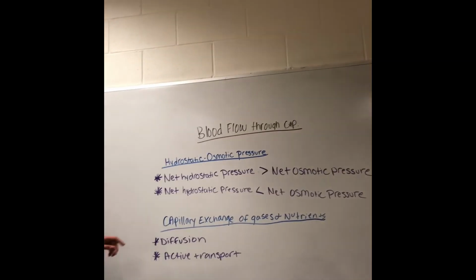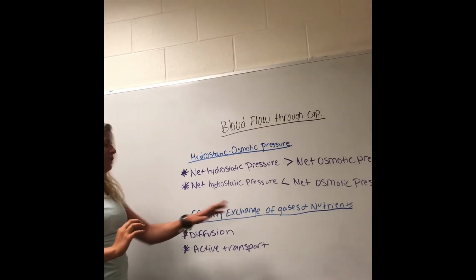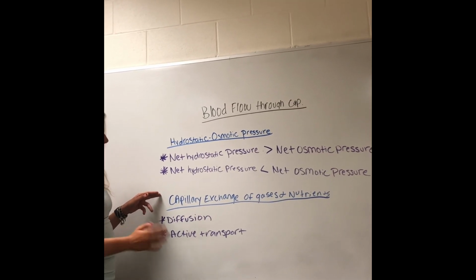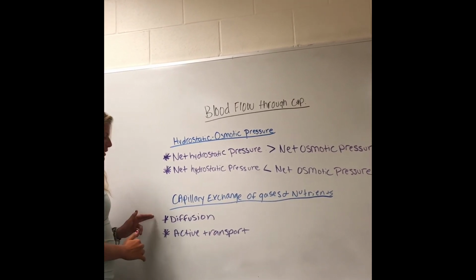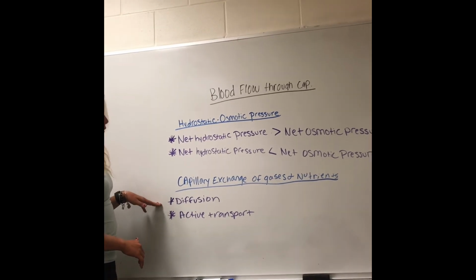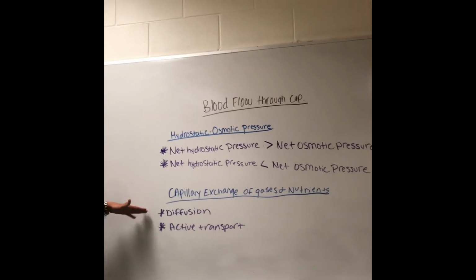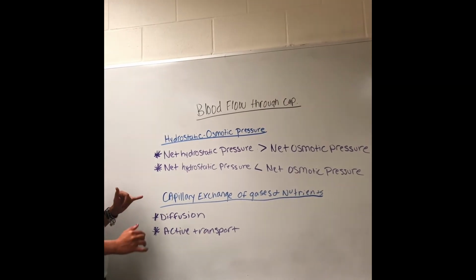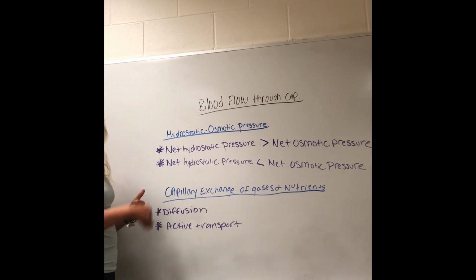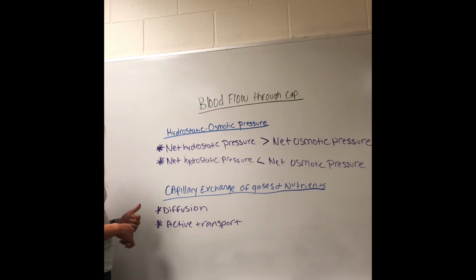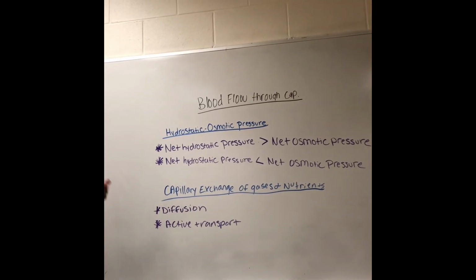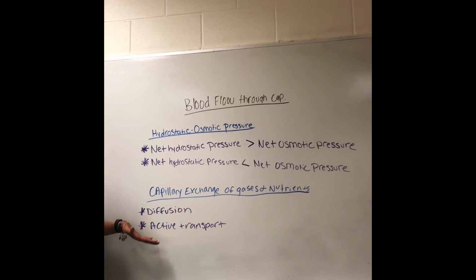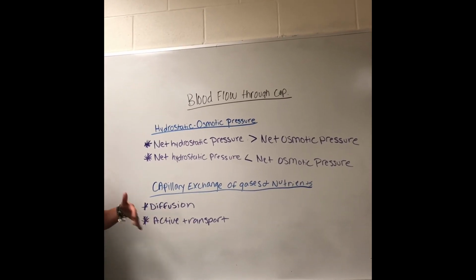And then gases and nutrients get exchanged through capillaries through diffusion and active transport. Diffusion is going to be passive, and it's going to move from a higher concentration to a lower concentration, and O2 is going to move out and CO2 is going to move in. And active transport is going to be transport of proteins and pinocytosis.